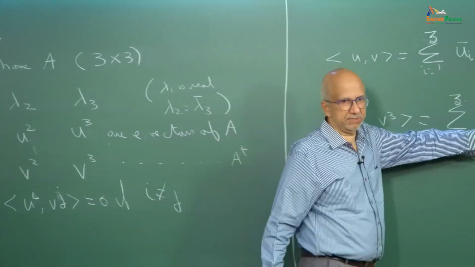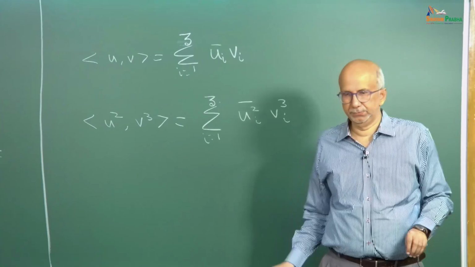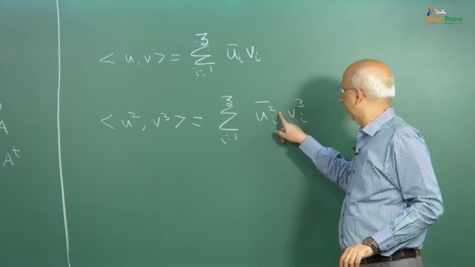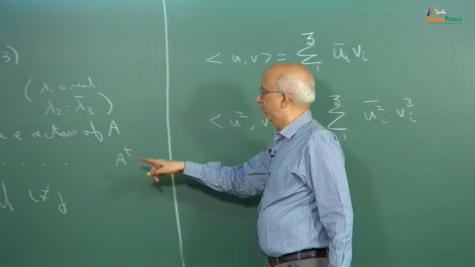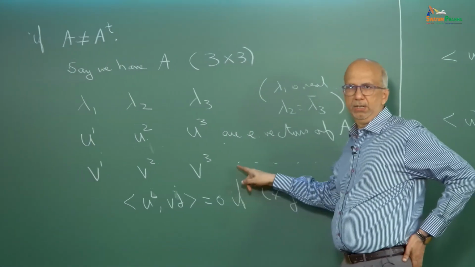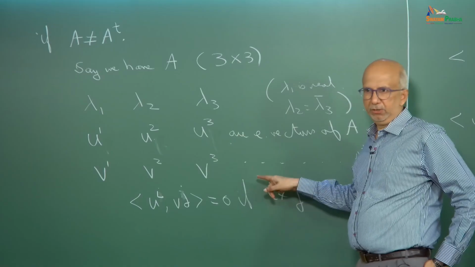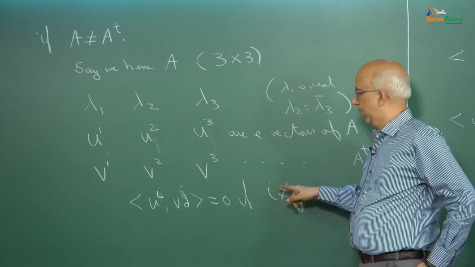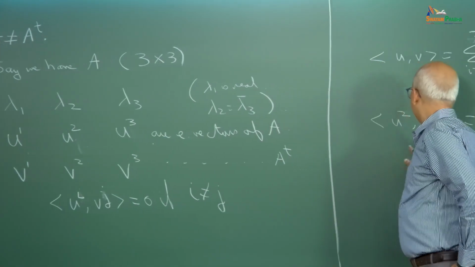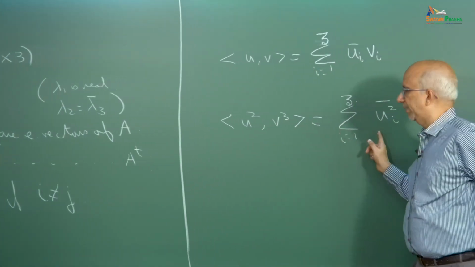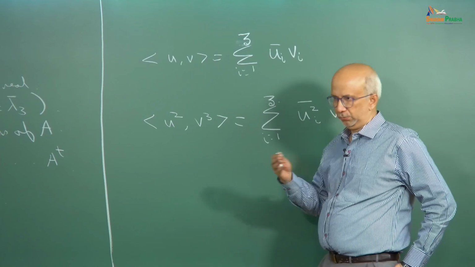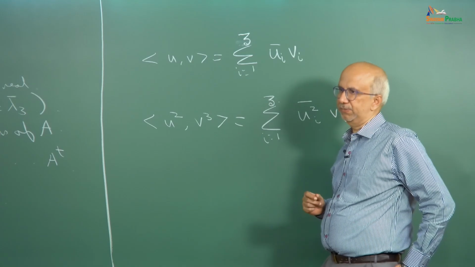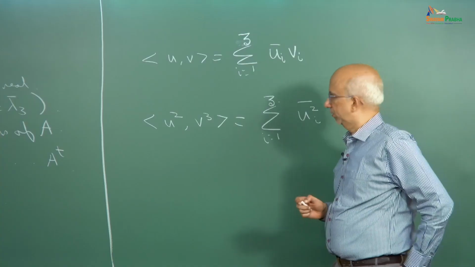The superscript is telling me the eigenvector: this is the third eigenvector, this is the second eigenvector, this is the ith coordinate. So, since we are working in the space of complex eigenvectors, we need to take the conjugate of the first one, because that is how we defined the inner product to ensure that the axioms are satisfied. Okay. So, this is the only difference.